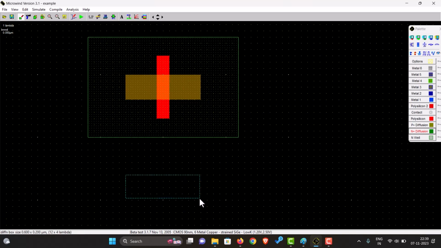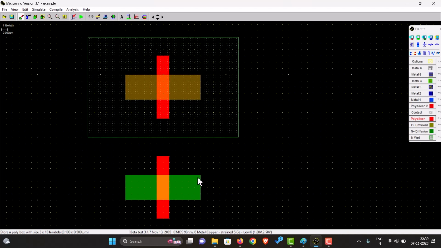We'll put N diffusion of 4x12, and give this one poly as well. In this, just make sure that the polysilicons are not connected to each other, because they have different signals going through them. One has S and the other has S bar.